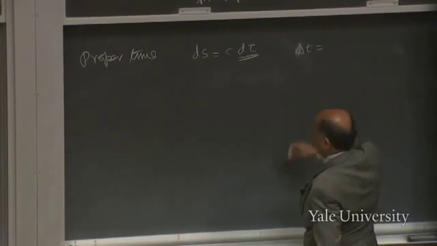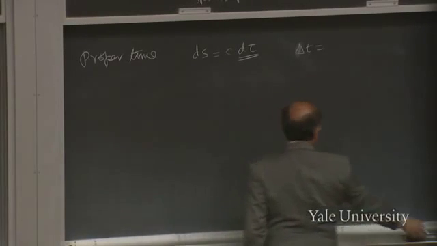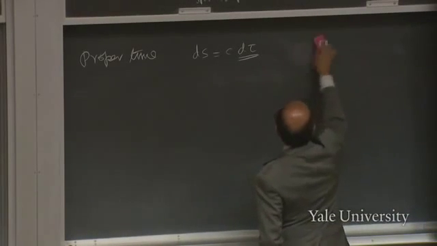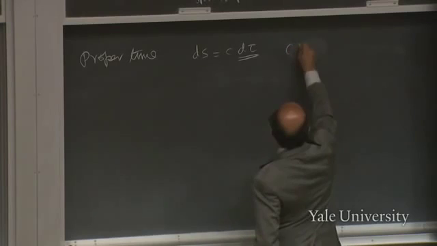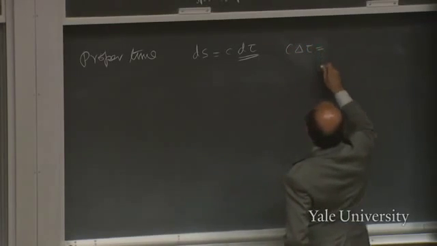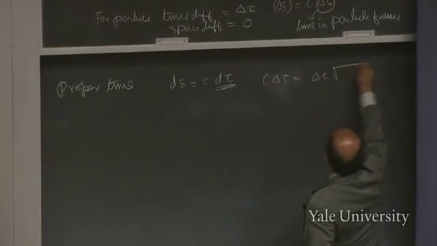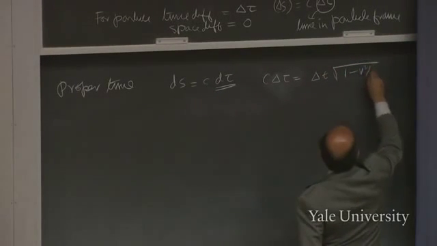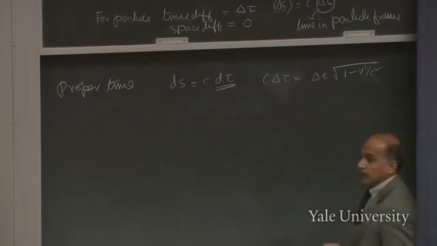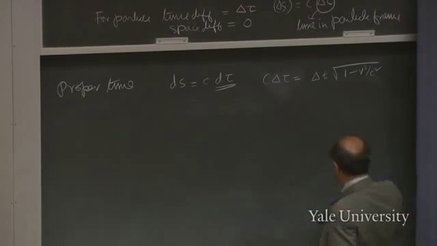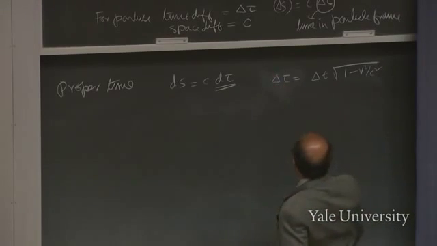Then you saw that the space-time interval c delta tau was equal to delta t times square root of 1 minus v squared over c squared. The c cancels on both sides. And this is the relation.